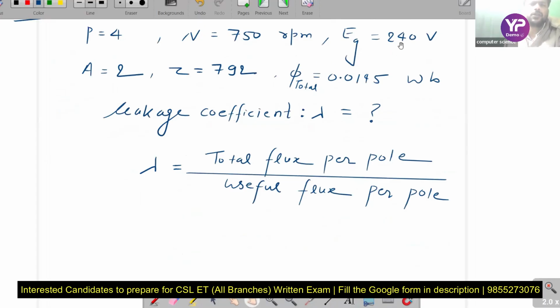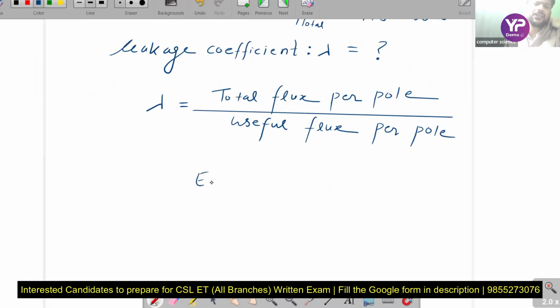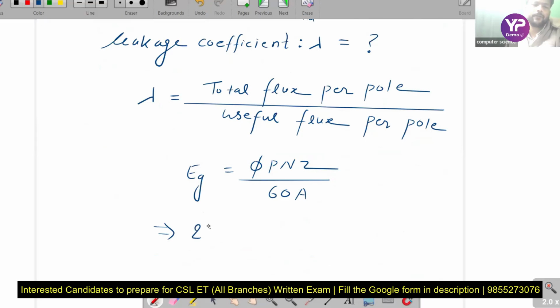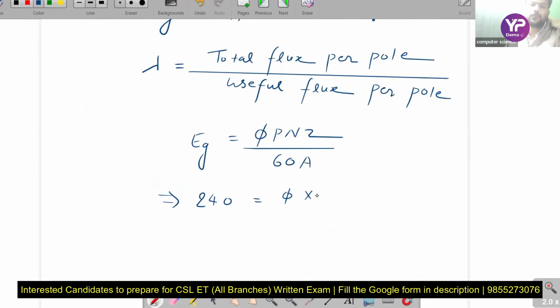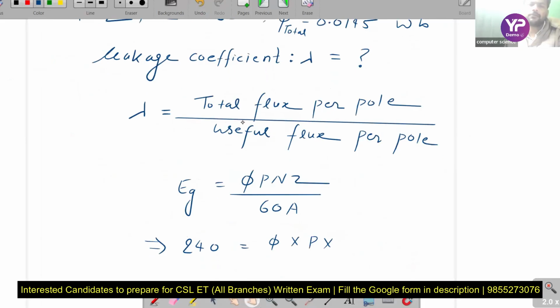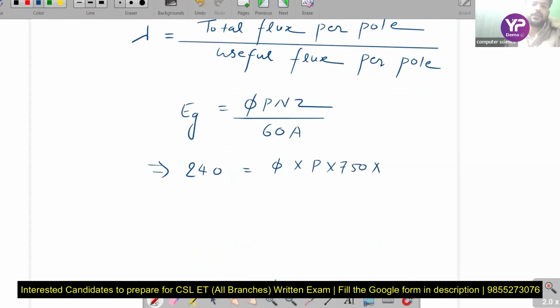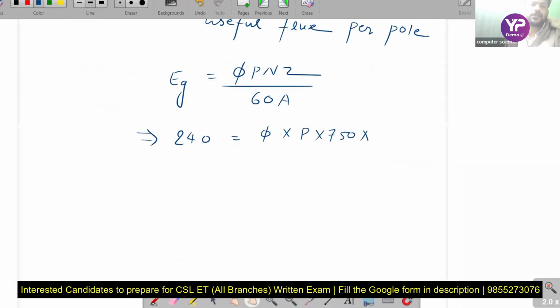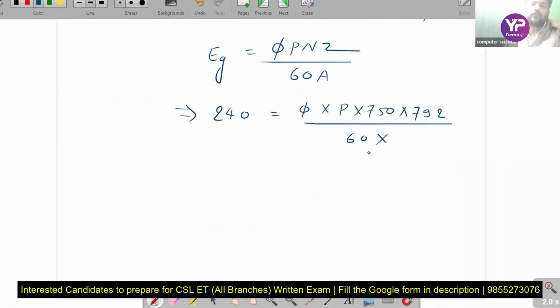We use the generated EMF formula, Eg is equal to phi P Z upon 60 into A. In this question, Eg is equal to 240, the number of poles is 4, the speed of rotation is 750, and Z, the number of conductors, is 792, upon 60 into A. A is the number of parallel paths, and it is equal to 2.